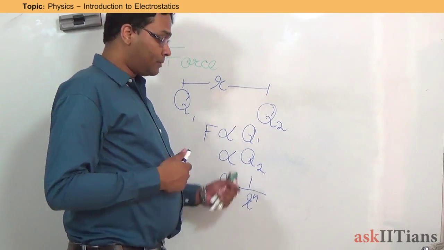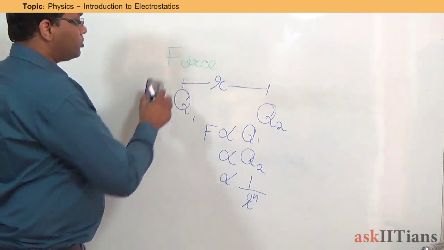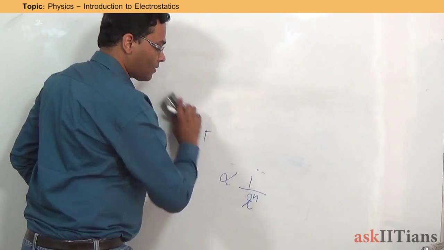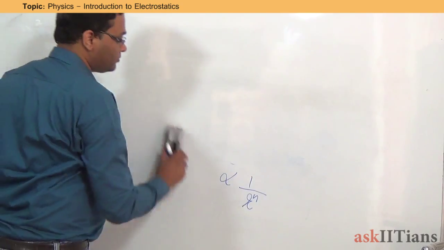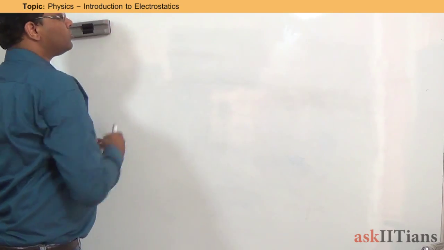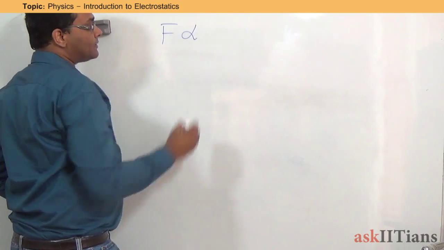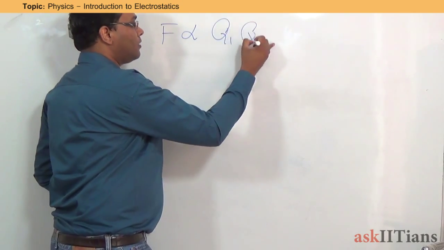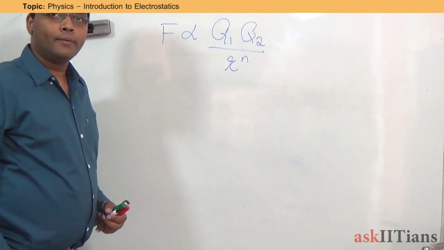I do not know the power yet, because I am just proposing this rule. Taking this further, if I combine all of this, I can simply say F should be proportional to Q1 Q2 divided by r raised to the power n.